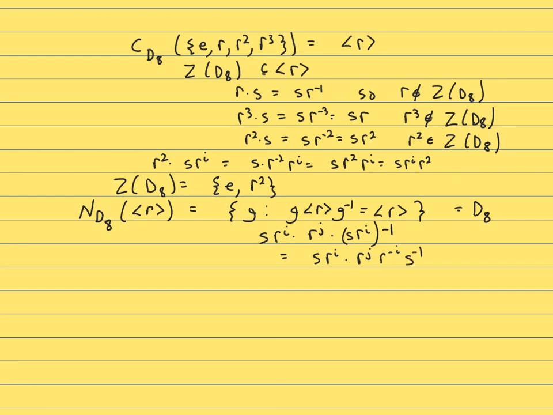S to the negative 1 is just S. So we get R to the J times S inverse, or I mean just S. Here I'm canceling out the R to the I and R to the negative I. And then that's just S squared times R to the negative J by bringing the S over. But S squared is the identity, so I just get R to the negative J, which is in fact in the subgroup generated by R. And so the check works.